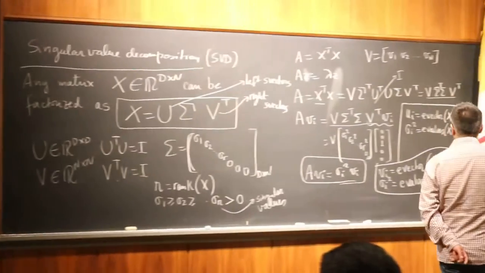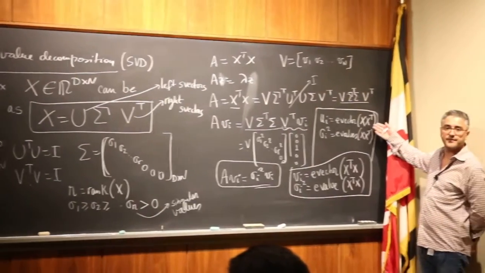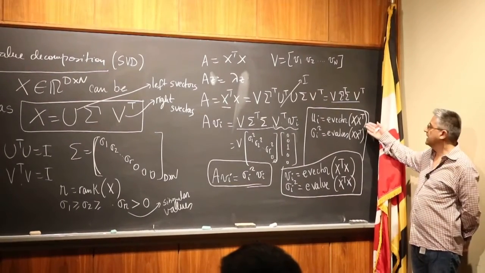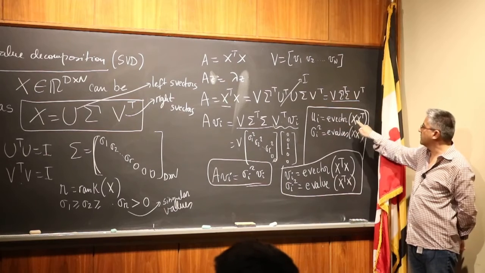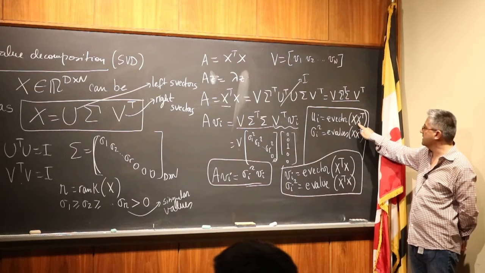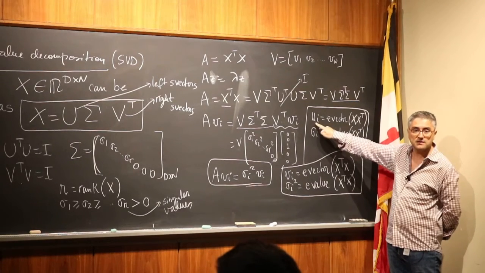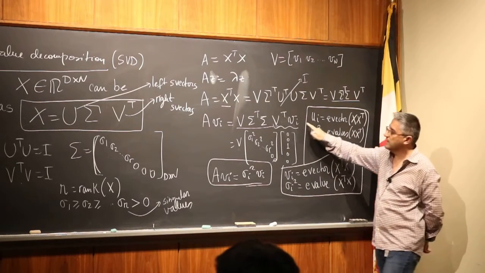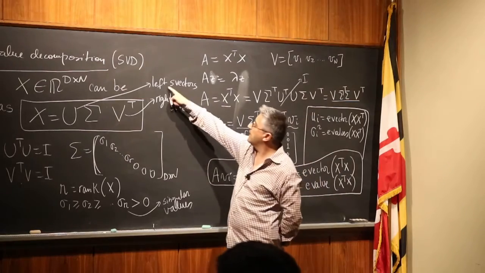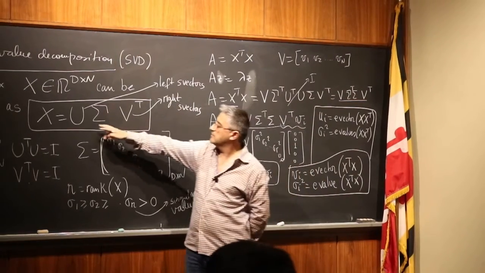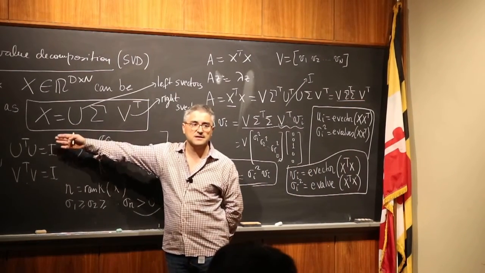Do I have something times something transpose? Oh yes, I just wrote it. The eigenvectors of something times something transpose are called U_i's. And what are the U_i's? The U_i's are the left singular vectors of X.